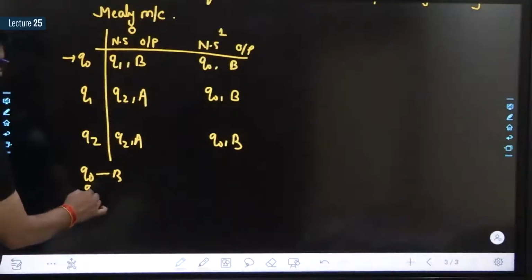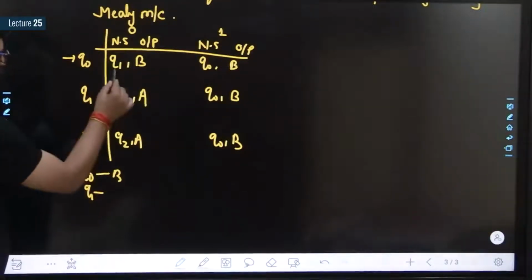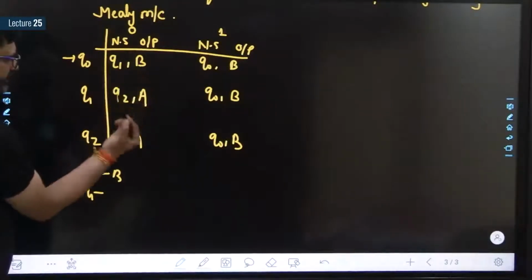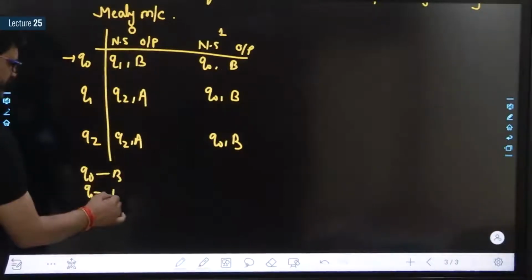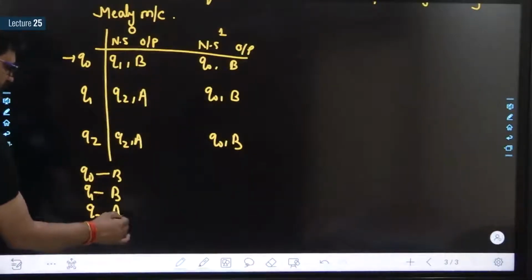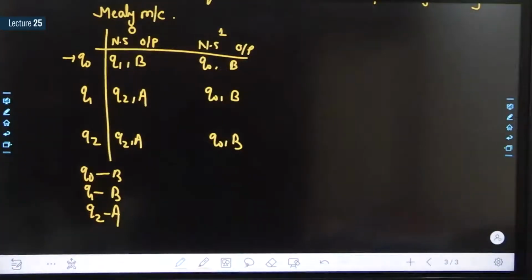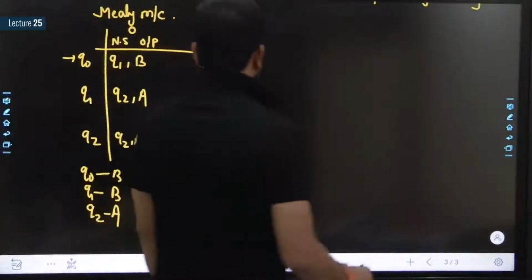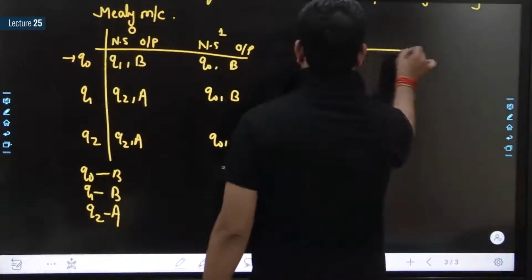No. Q1 only B. Q2 only A. Now check what is the equivalent Moore machine.